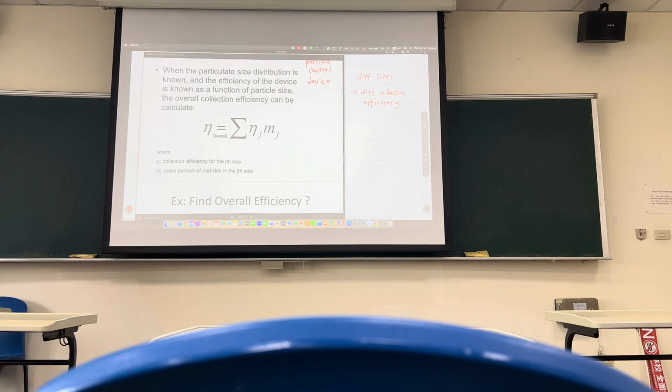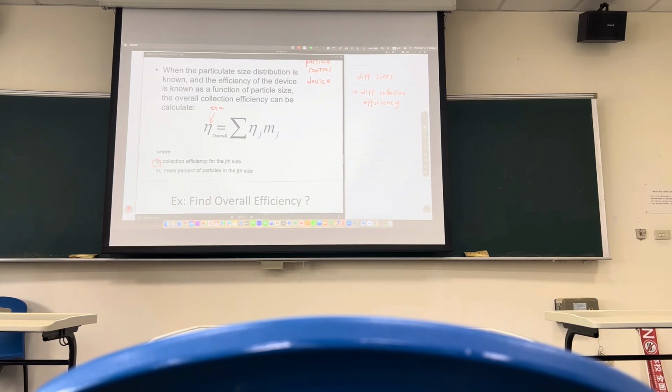Okay, so this is the formula. So eta, this Greek alphabet pronounced as eta. So eta overall equals the sum, sigma, of eta j times m j.